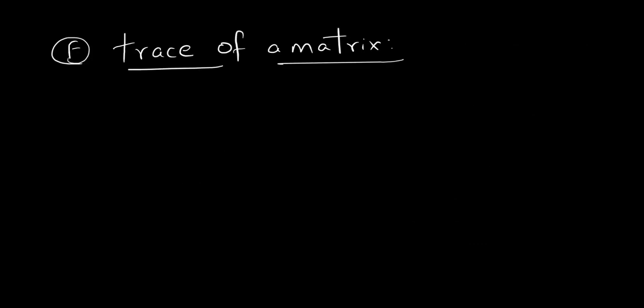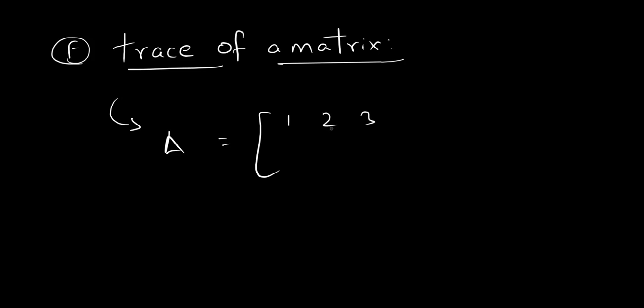Okay, let's go ahead. So this is the trace of a matrix. Trace is a really important thing in matrices, and a few questions have been asked on it. So what is the trace? It's really simple. We take a square matrix of order n. The sum of the elements lying in the principal diagonal is called the trace.